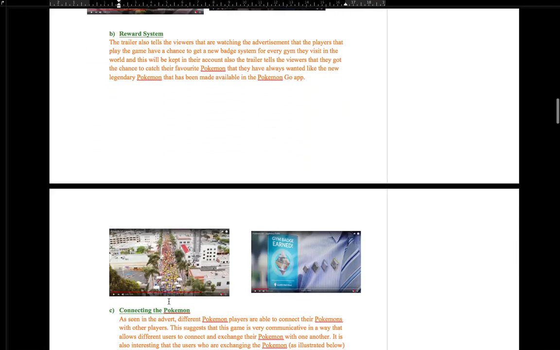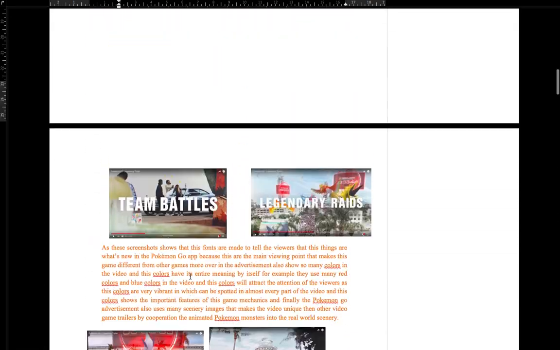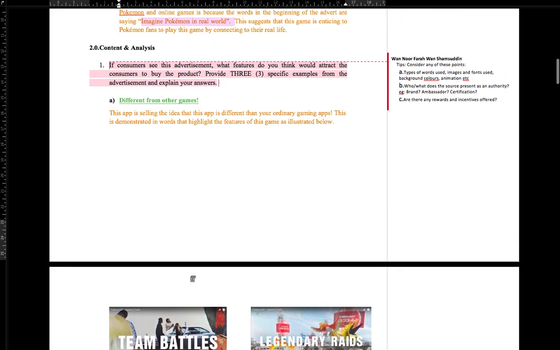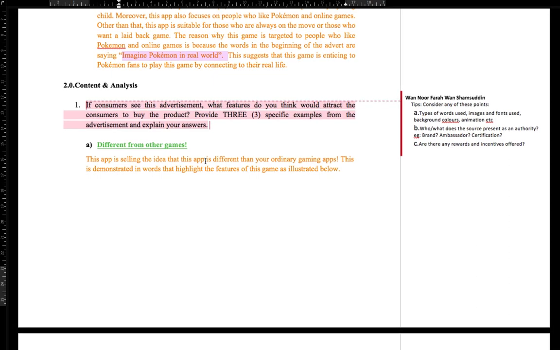B, what is it? And C. This will help you to get more marks in organization. Not only that, I'm also using different color fonts to make it more organized, simplified for the reader to read, and more user friendly in a way. Okay, so let's have a look at the first example.